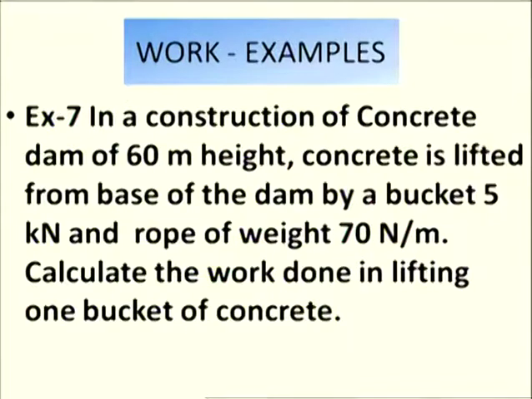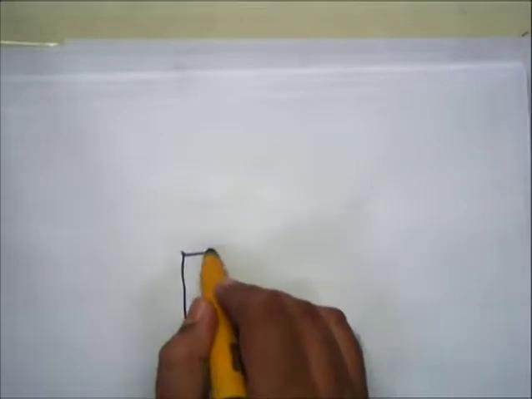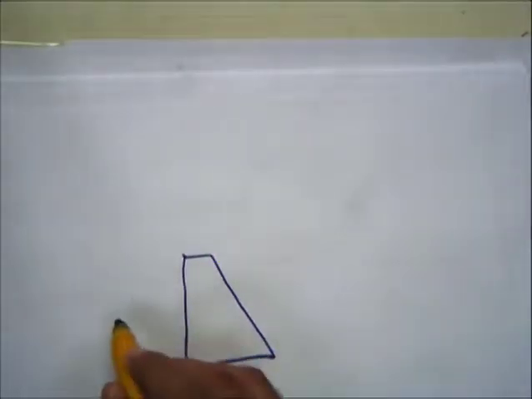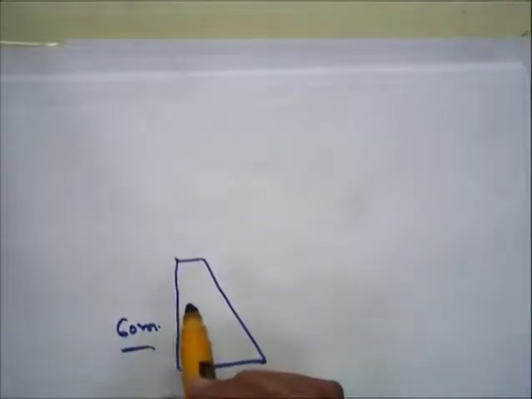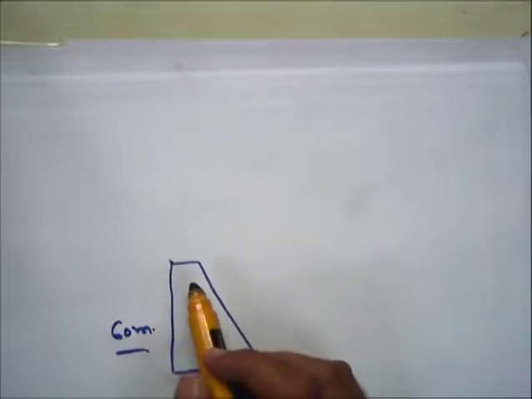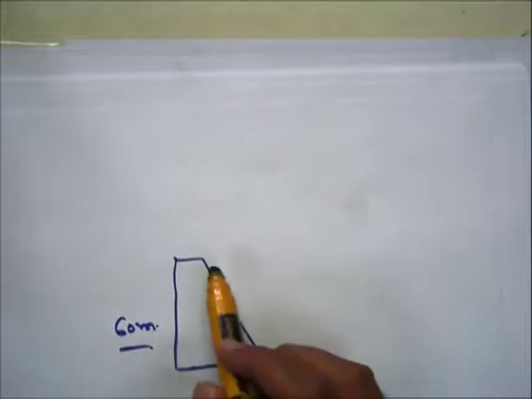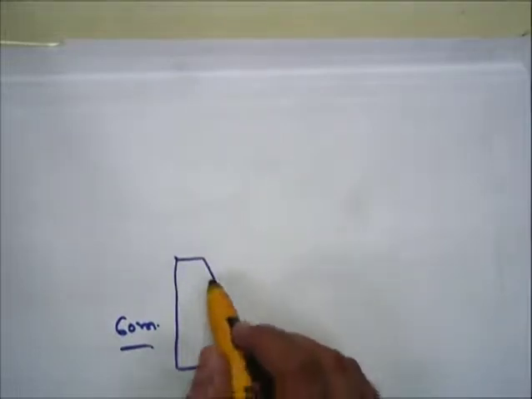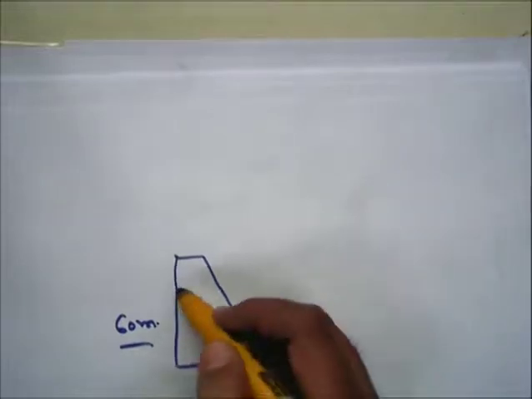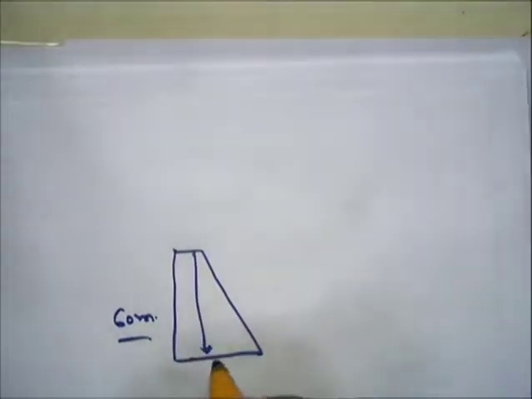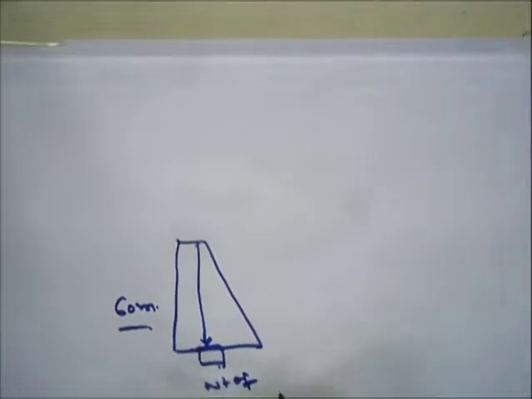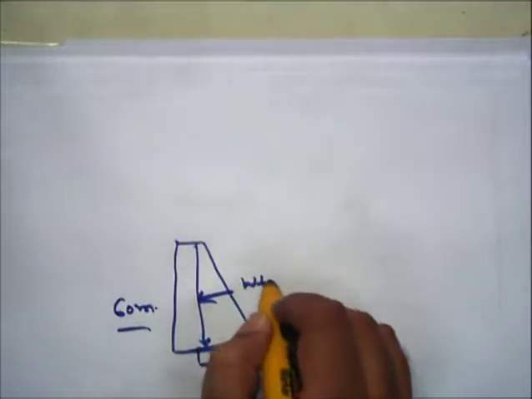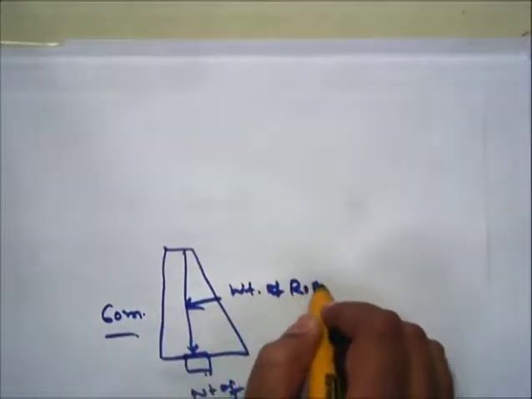Suppose a concrete dam is there and as you can see height is 60 meter, and when the bucket is there for the height of 60 meter, total weight at the bottom will be the weight of bucket plus this weight of rope.